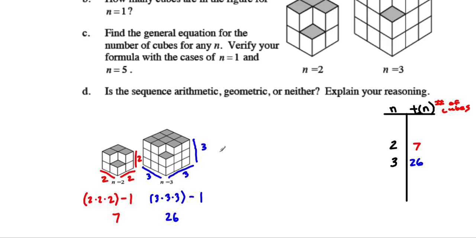Now if we're visualizing what the fourth figure in the sequence would look like, instead of 2 by 2 by 2, then 3 by 3 by 3, the fourth one would be 4 by 4 by 4. And I've already got that one drawn out here for us.